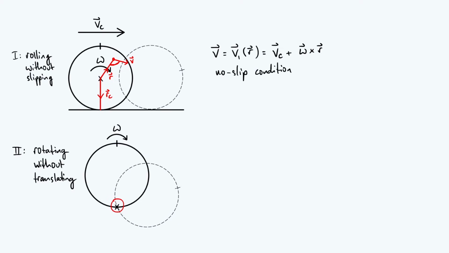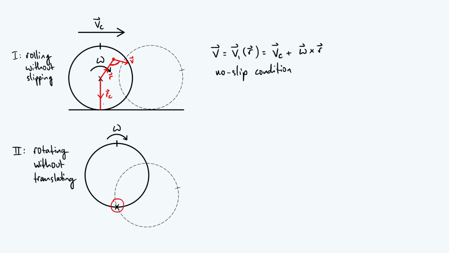Now that expression for v1 of r that we've written down is quite general in the sense that it hasn't assumed anything about whether the object is slipping or not. So we can make this more specific to the case that we're considering by mathematically writing down the no-slip condition. The defining property of rolling without slipping is that there is no relative motion between the point of contact of the rigid body and the surface it's rolling on and the surface itself, right?